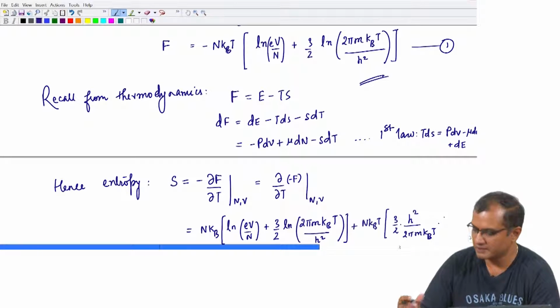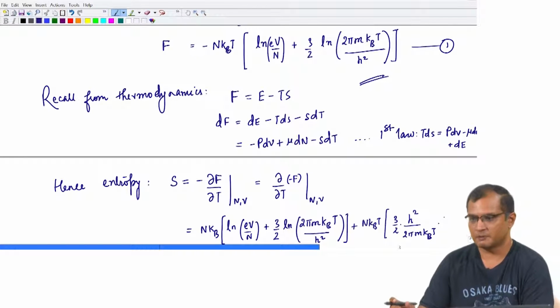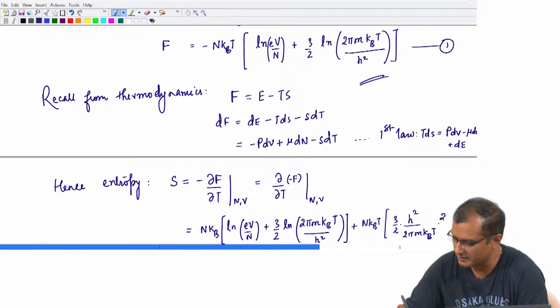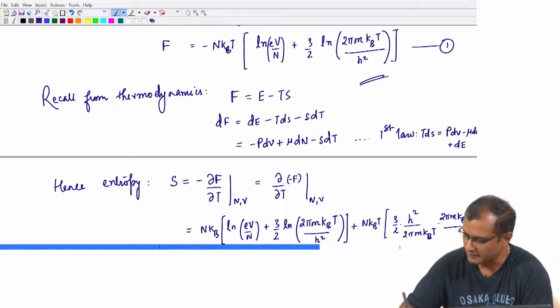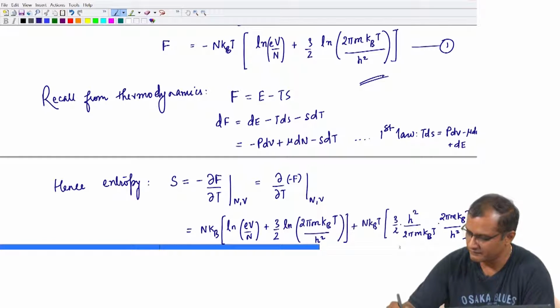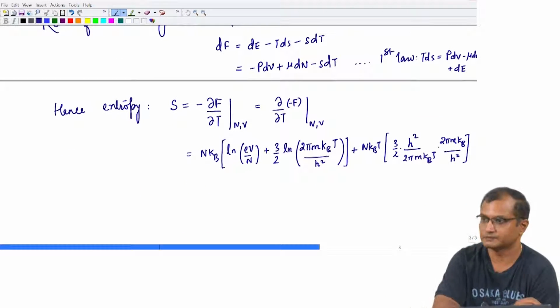and you have to take the derivative of the argument with respect to temperature, that will give you another 2 pi m kB over h square. A lot of things are going to cancel off here.